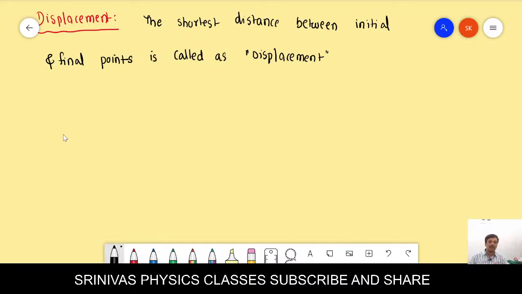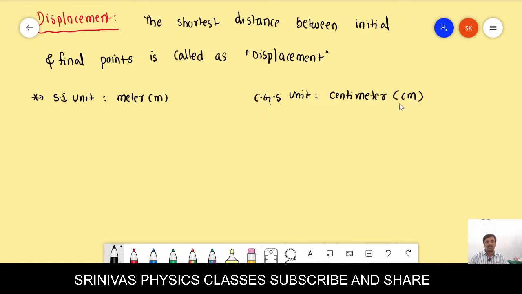Then how to find the displacement, and what is the unit of displacement? The SI unit of displacement is again meter, and the CGS unit is centimeter gram second unit, the centimeter, no change. That means distance and displacement have the same units.